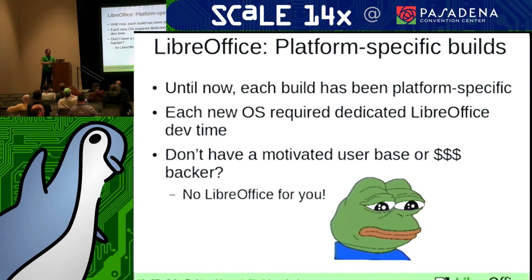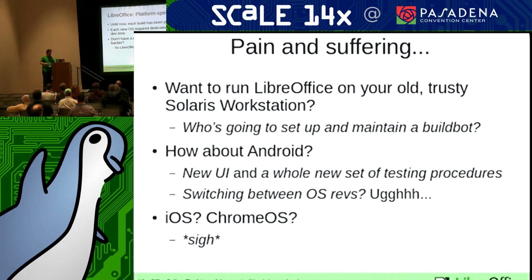Another challenge that we faced along the road towards LibreOffice Online was that every build had been platform specific, iOS builds, Android builds, and so forth. If we didn't have a specific motivated user base or a backer with a lot of money, you weren't going to get LibreOffice on that platform.